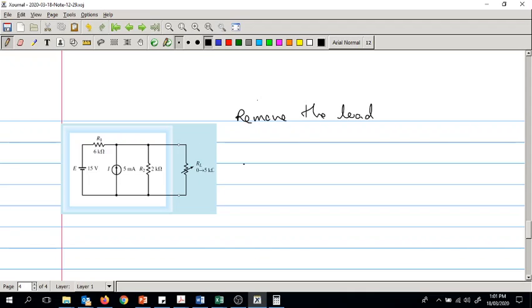So we have the voltage source, then the resistor, and the current source, and there is another resistor here.